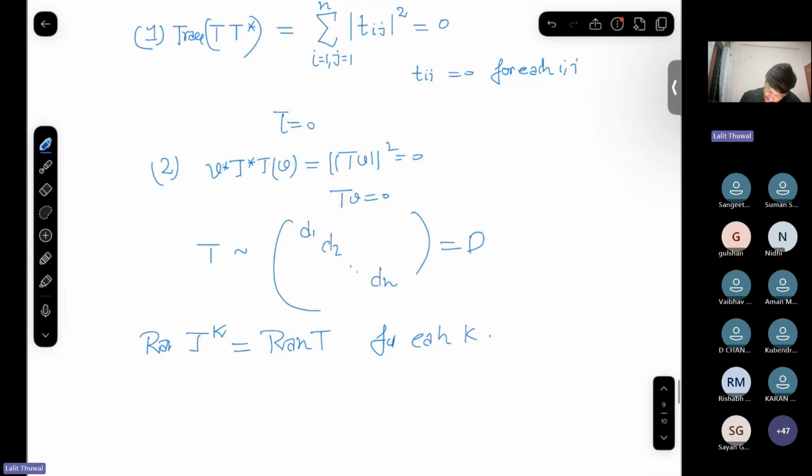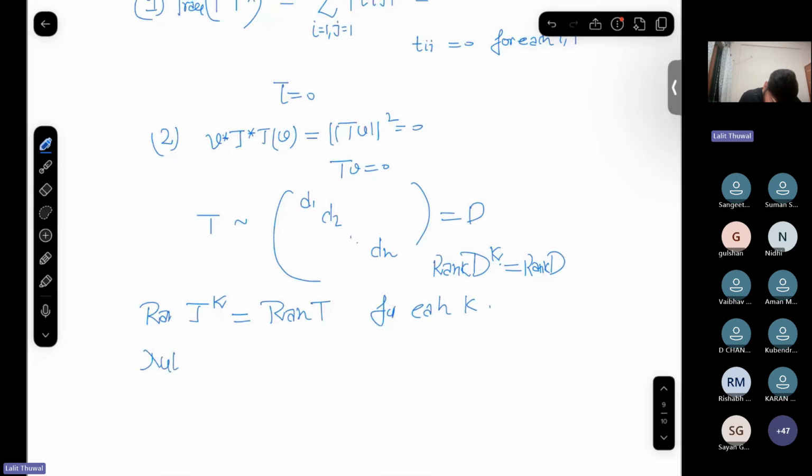Because when you raise the power K to D, the rank of D^K will be the same as the rank of D. D and T are similar, so this also holds for T, and nullities are also the same if ranks are the same.